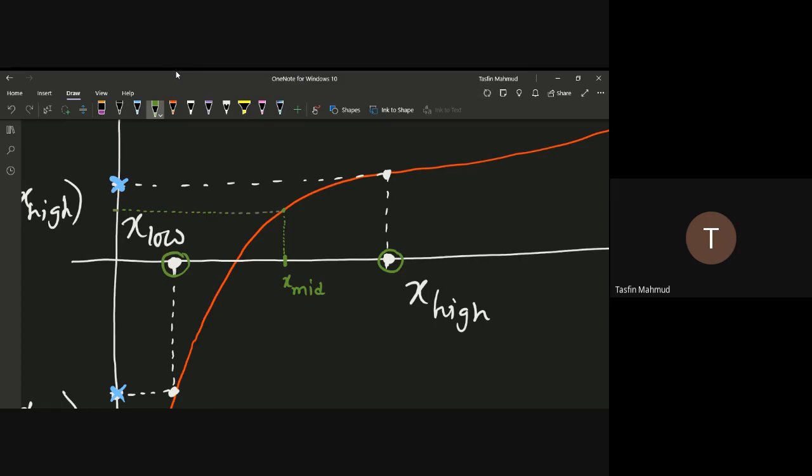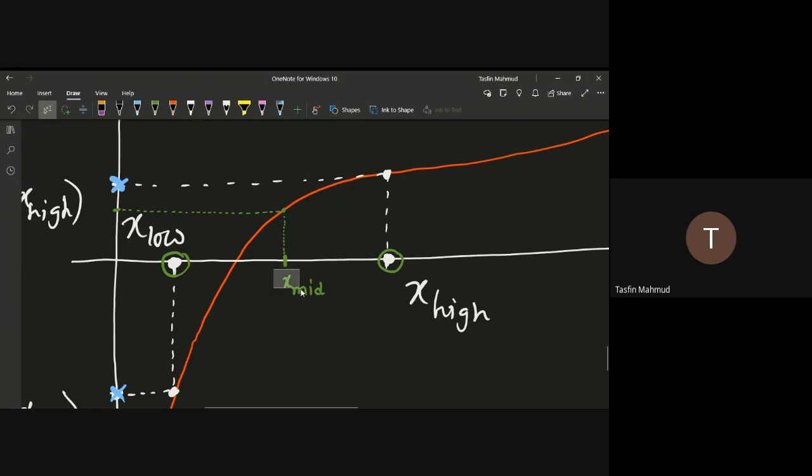As the function value was positive for x high and for x mid as well, we will forget this x high and we will define this x mid as our new x high. Okay, let me repeat.